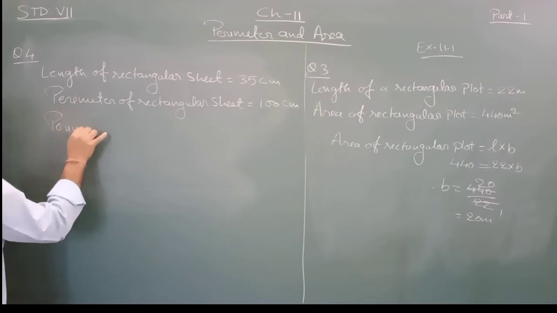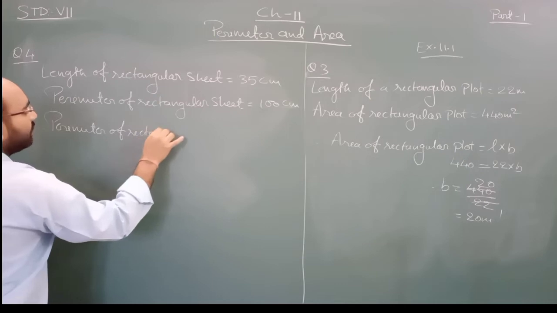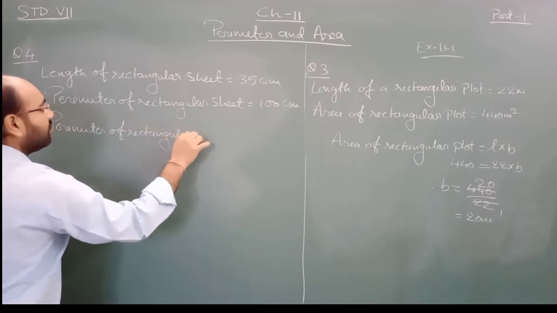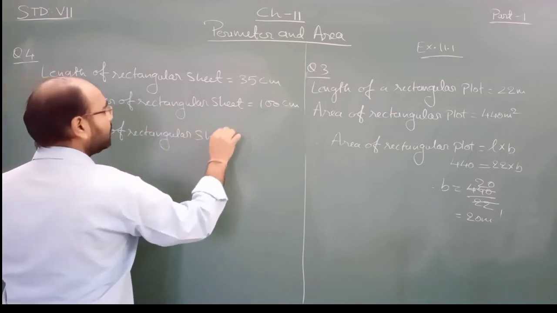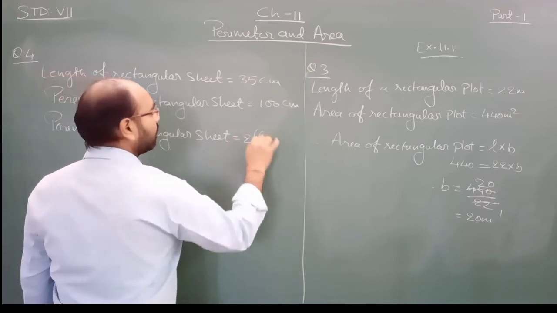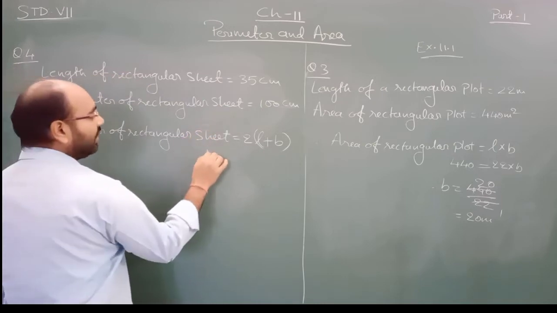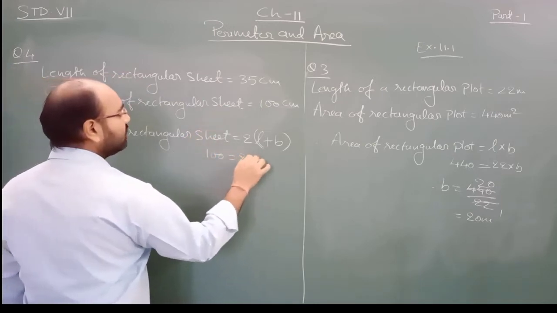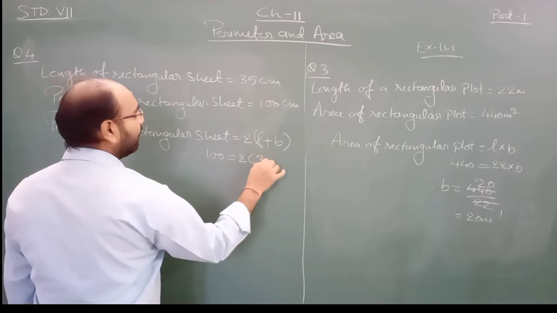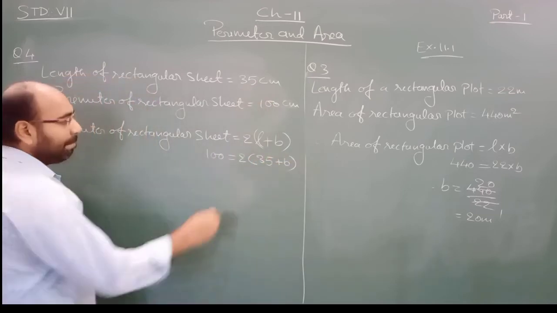Therefore, perimeter of rectangular sheet is equal to 2 into L plus B. Now perimeter we are already having 100 is equal to 2 into length we are having 35 plus B.